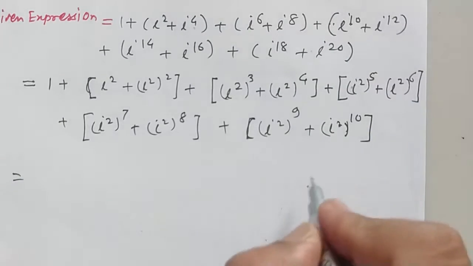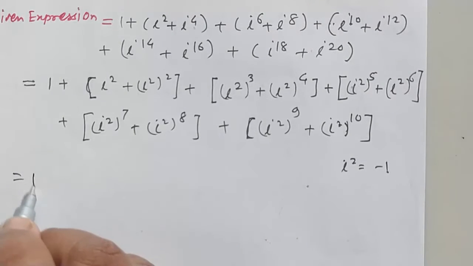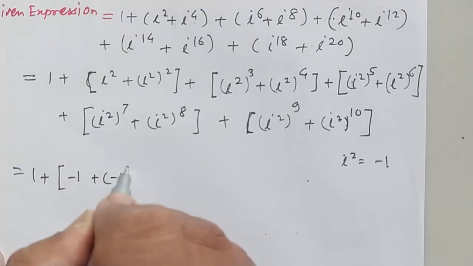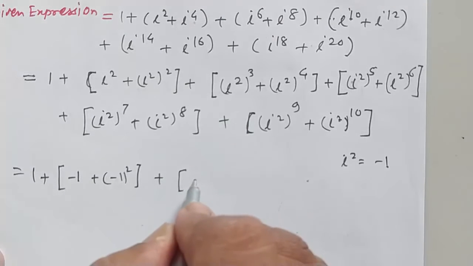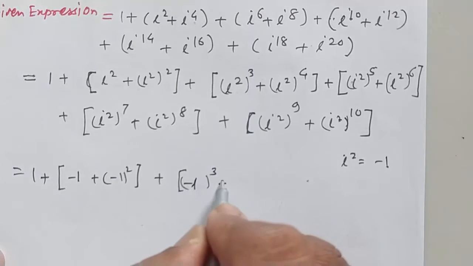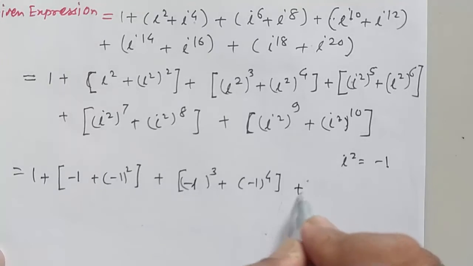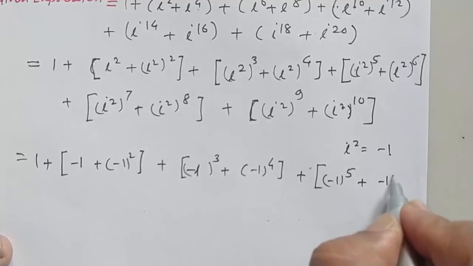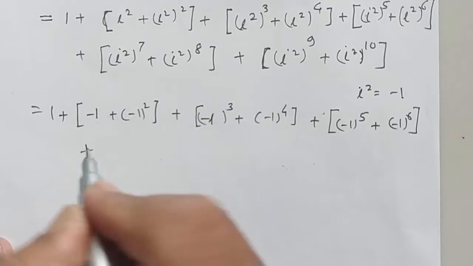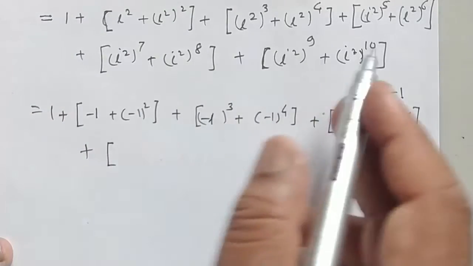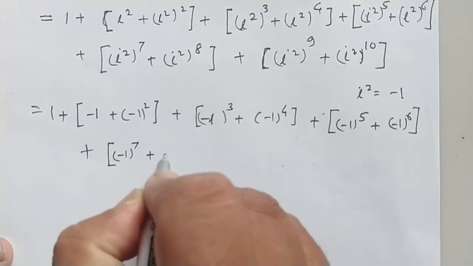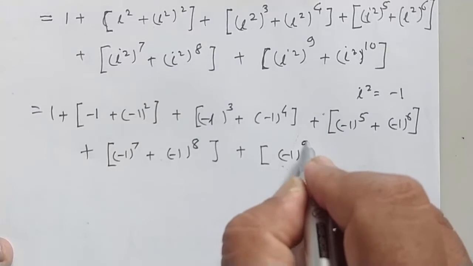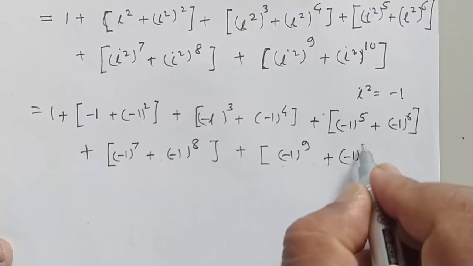Now, we know that i square is minus 1. Therefore, this expression becomes 1 plus minus 1 whole square plus minus 1 raised to 3 plus minus 1 raised to 4 plus minus 1 raised to 5 plus minus 1 raised to 6, last, minus 1 raised to 7, minus 1 raised to 8, and last bracket minus 1 raised to 9 plus minus 1 raised to 10.